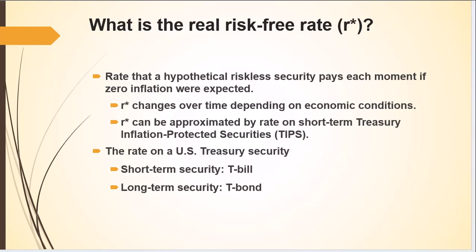We typically proxy the risk-free rate with United States Treasury securities. For short-term securities, we'd use T-bills; for long-term securities, we would use T-bonds. It is a difficult thing to actually measure. Again, it's the interaction between supply and demand in the economy, which is kind of hard to narrow down.